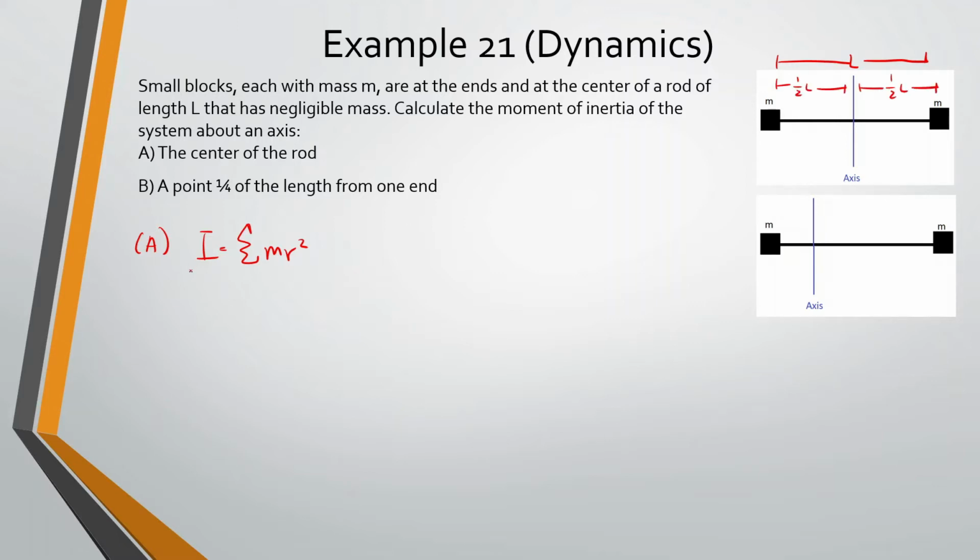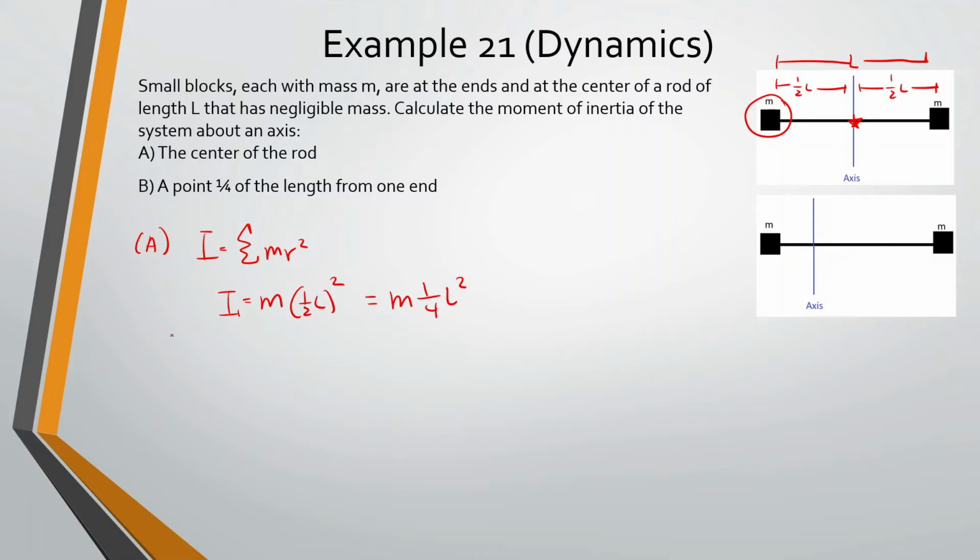Okay? So let's find how much inertia this first one has. That has a mass of just m, and the radius is going to be 1/2 of L. That's how far it is from the axis of rotation, 1/2 L, and this is going to be squared. So this is going to be m 1/4 L squared.